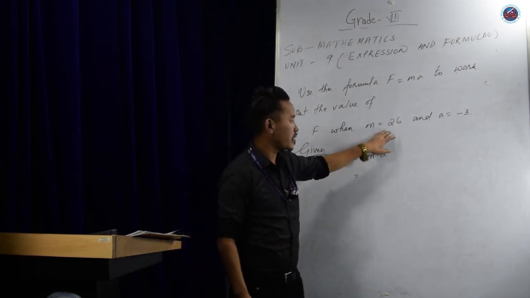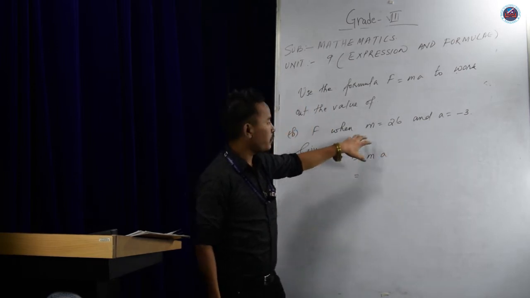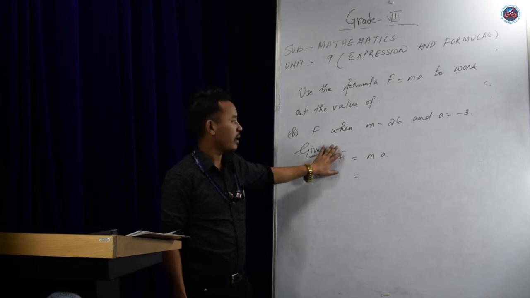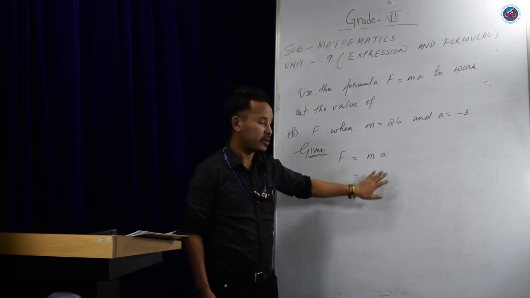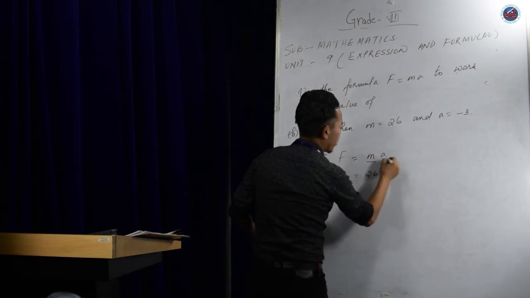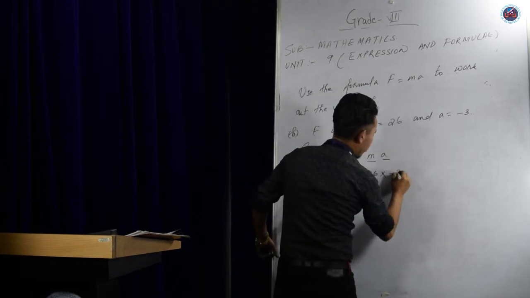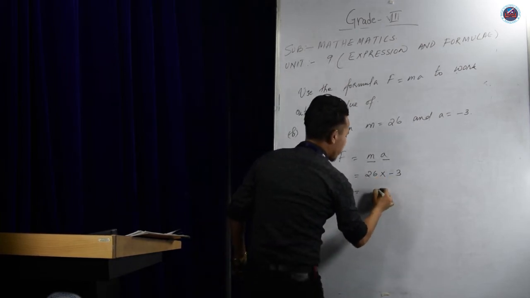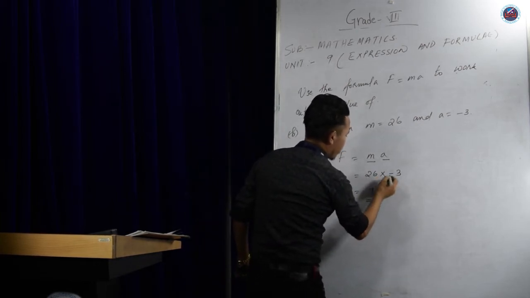The value of m is given and the value of a is given, so we put these values together and find F, that is force equal to mass into acceleration. m is 26 into a is given as minus 3. When we multiply these two together, 3 into 6, 18, 2 into 6, 78. Minus is there? Minus.